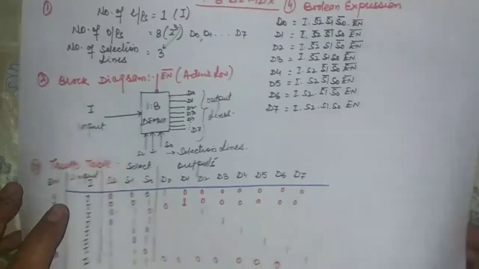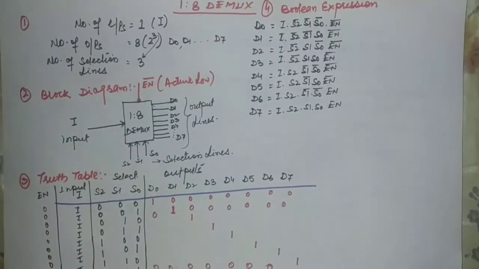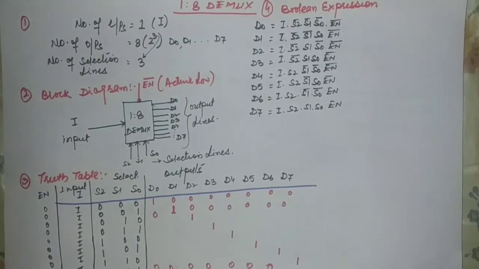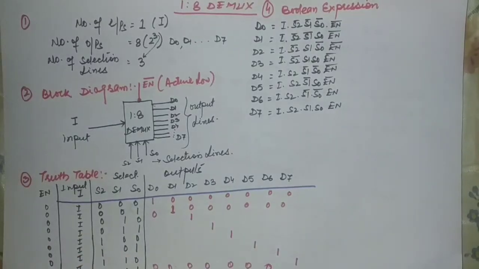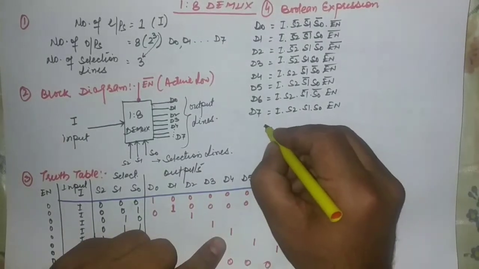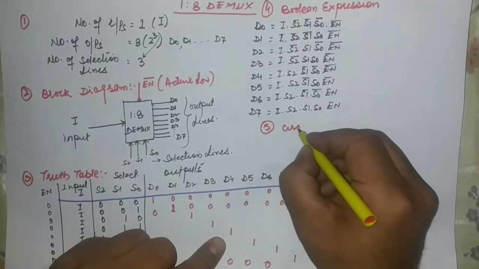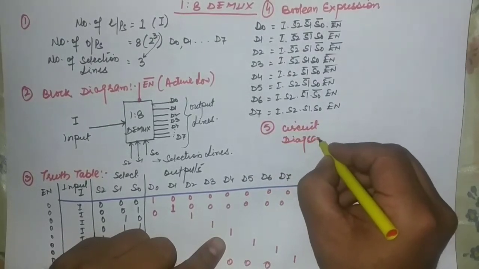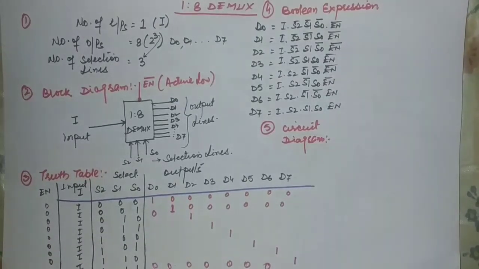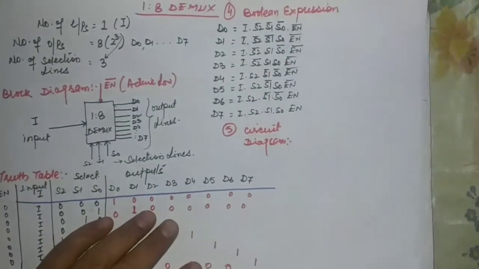So this is the Boolean expression for all the outputs, and finally we can draw the circuit diagram of this multiplexer. We will show you only a few of them.